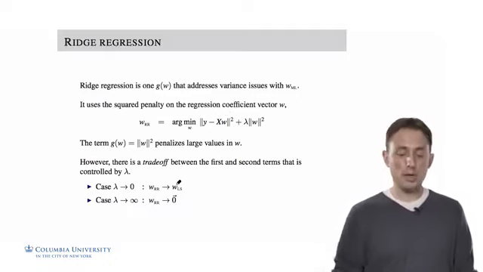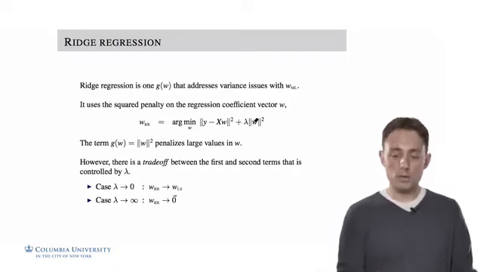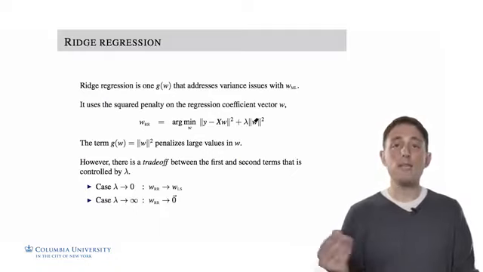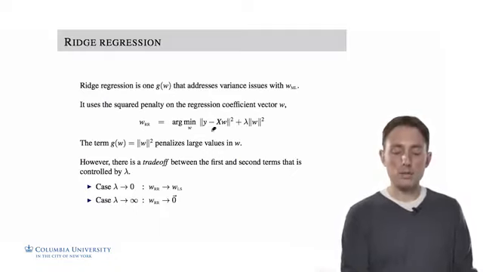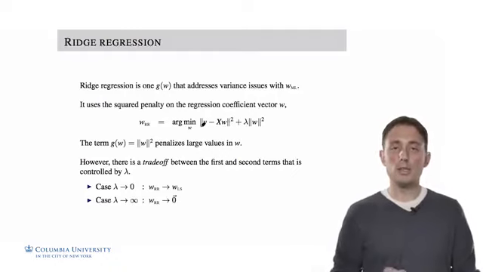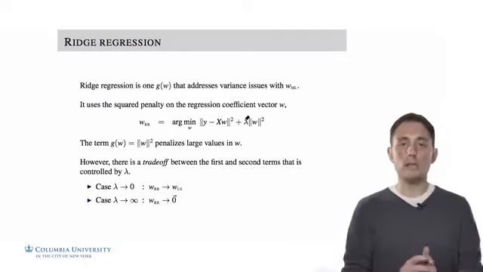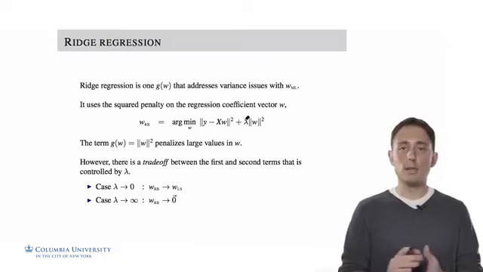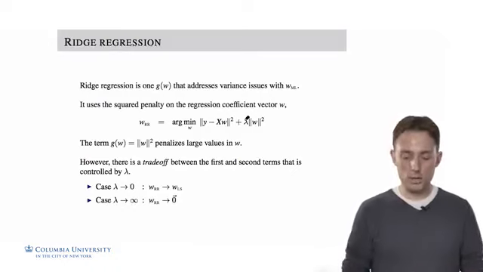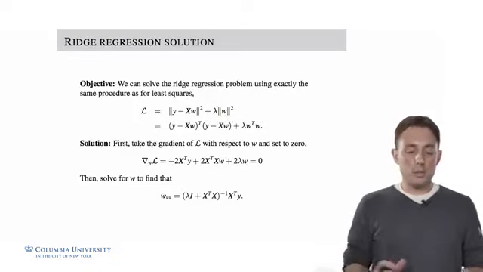In the opposite extreme, when lambda blows up to infinity, we simply set W to the vector of zeros, because any non-zero value in W is penalized so heavily, essentially with infinite penalty, whereas the vector of zeros is penalized only by the sum of squared values in the vector Y. So in the limit as lambda goes to infinity, we will return the vector of all zeros because we're penalizing a non-zero value infinitely much.